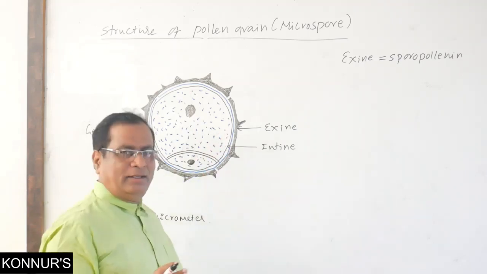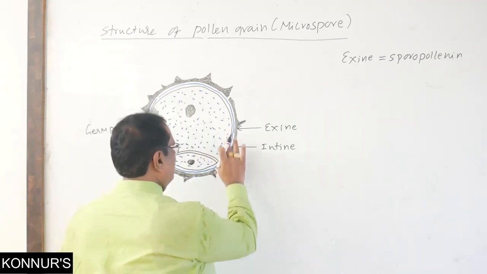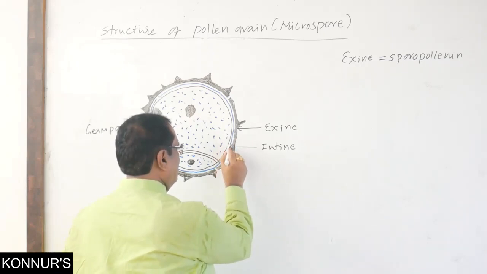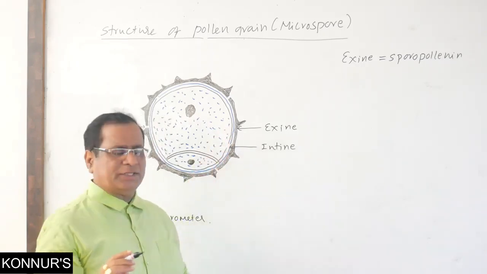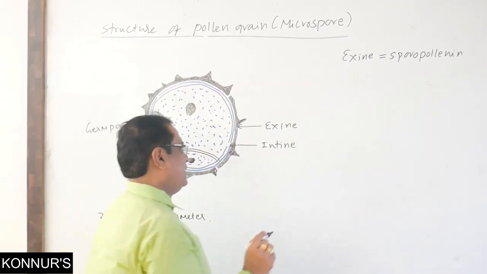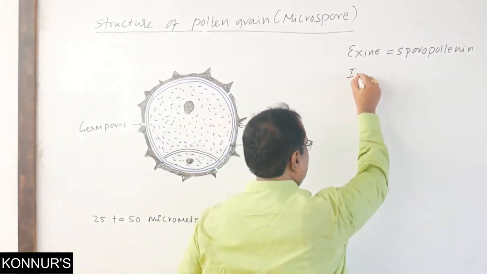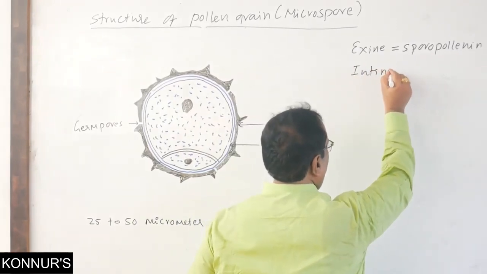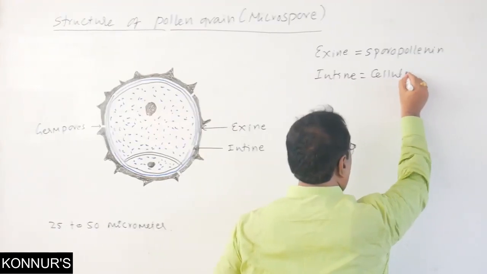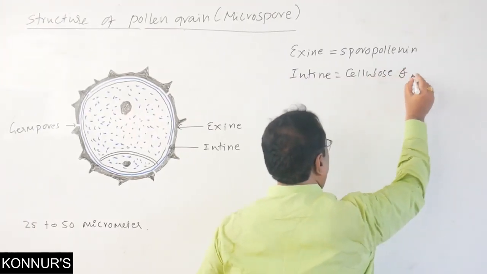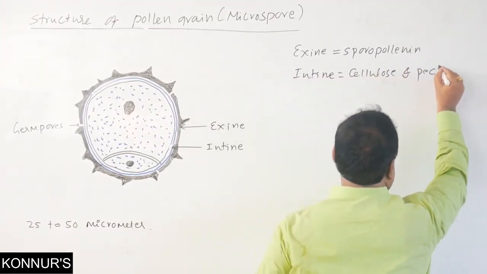Next to the exine there is this blue line, that is the intine. This intine is made up of cellulose and pectin.